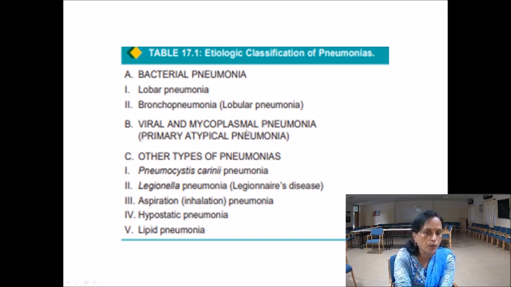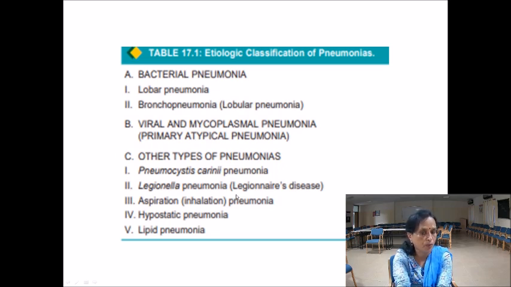Then viral pneumonia, which is sometimes called pneumonitis, and mycoplasmal pneumonia. Then other types: Pneumocystis carinii pneumonia, which we talked about a lot in the days when AIDS was so common, an opportunistic infection.